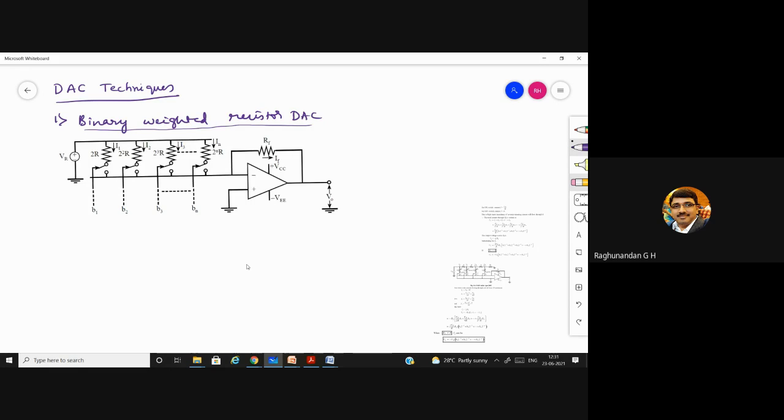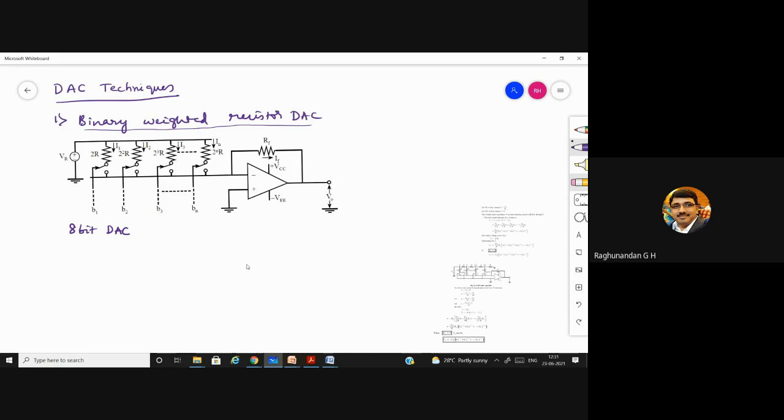Suppose you want an 8-bit DAC. During that time, 8 such lines need to be connected, because each line is going to indicate one bit in the complete 8 bits.